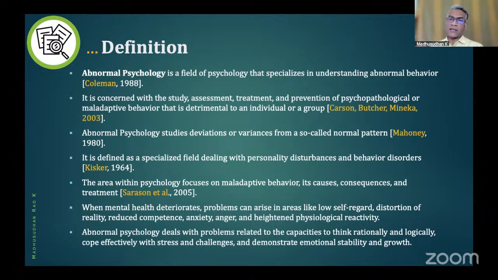So he is defining normality with the cultural context. As he said, so-called normal. It differs from place to place. So it is defined as a specialized field dealing with personality disturbances and behavior disorders. Kisker, 1964.